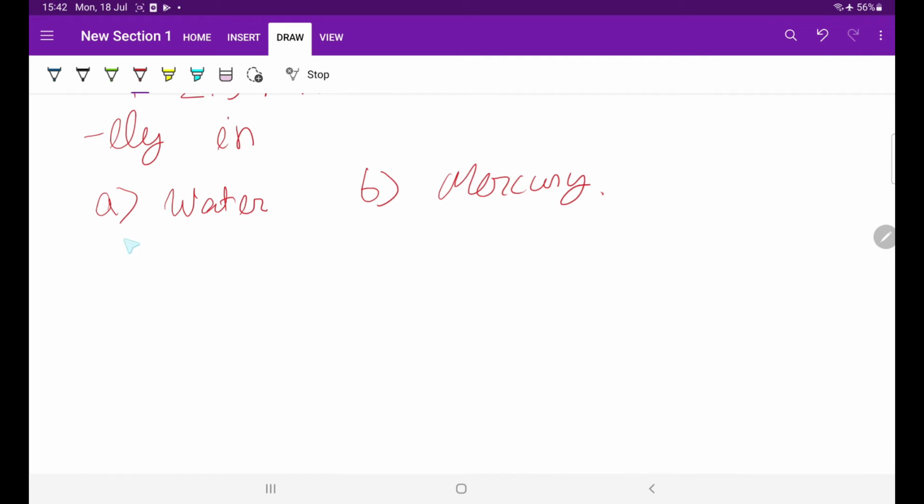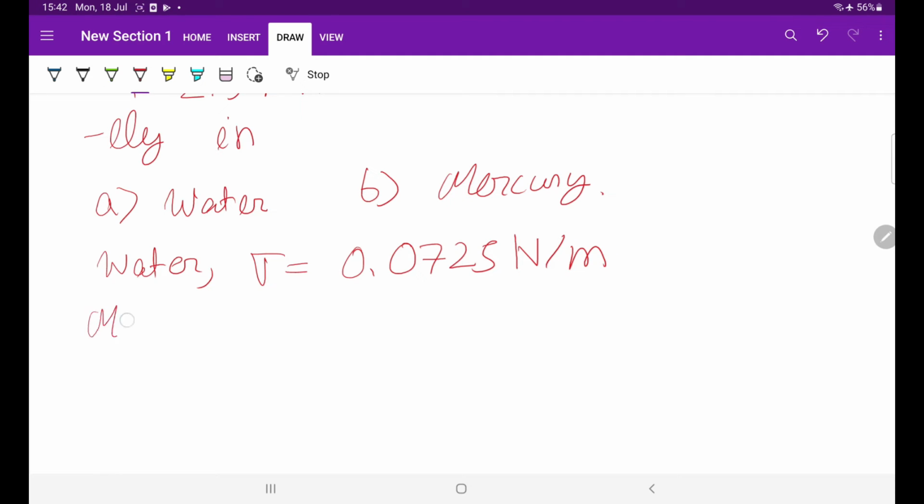Now for water, sigma or surface tension is equal to 0.0725 Newton per meter, and for mercury, that is for question B, sigma is equal to 0.052 Newton per meter.